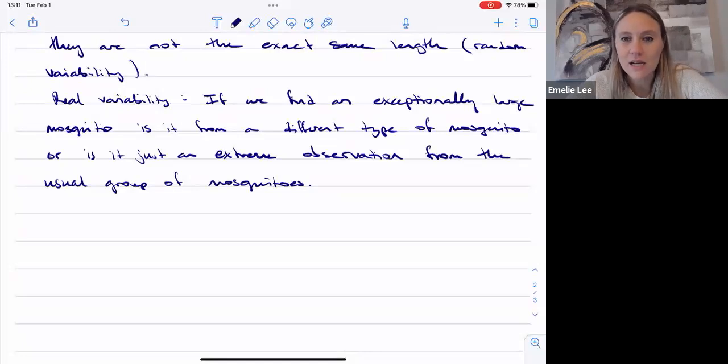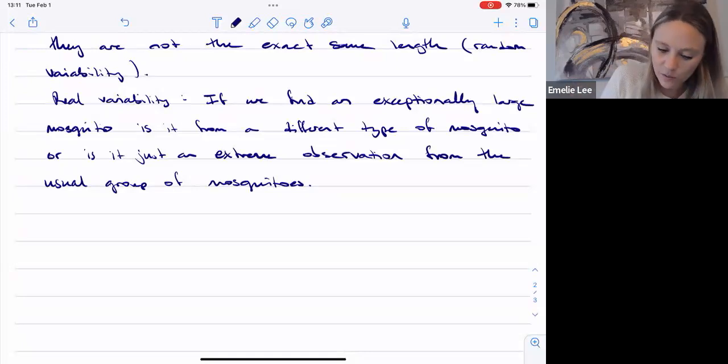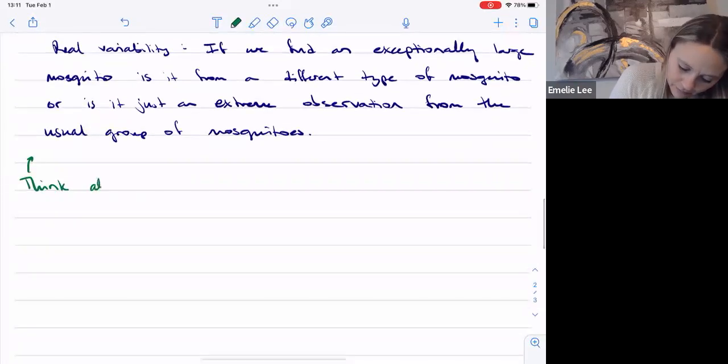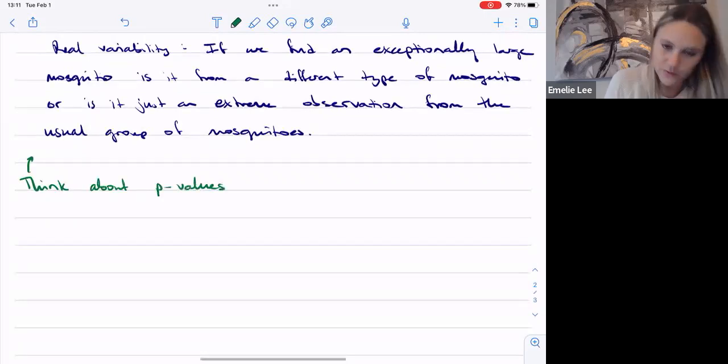Okay, so this idea came up when we talked about p-values, for example, right? What's the probability of seeing something as extreme or more extreme than what we saw, assuming that the null hypothesis was true, that's our p-value. Here, I don't want to get into p-values, but I want you to think about them.